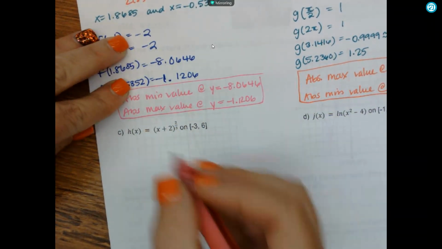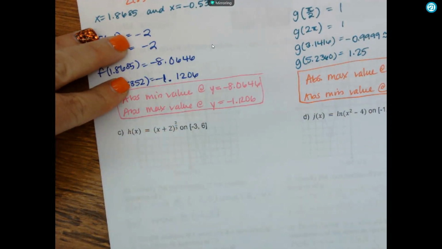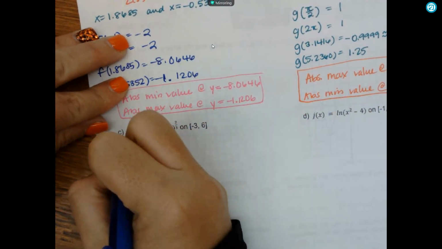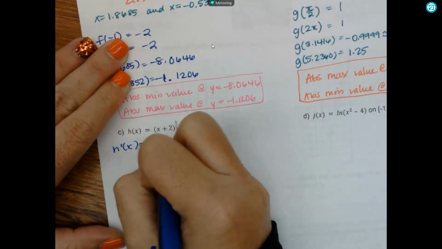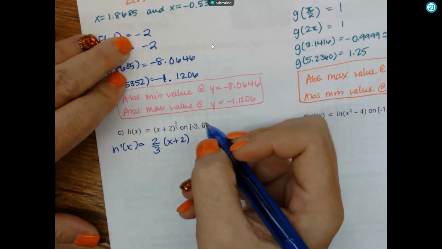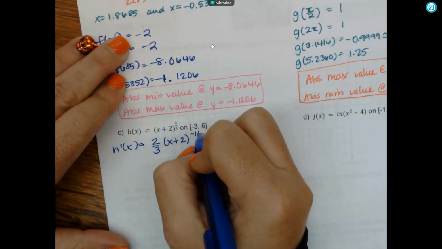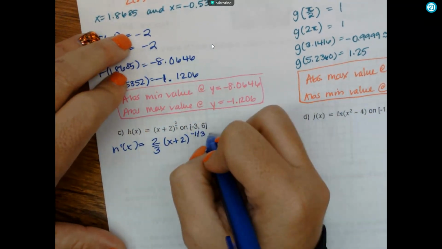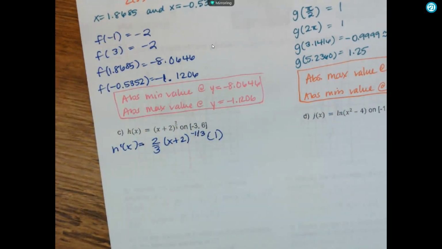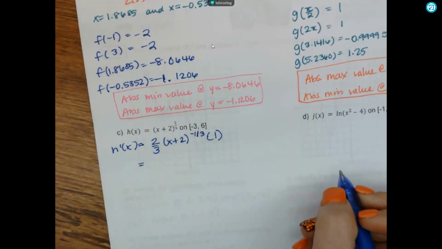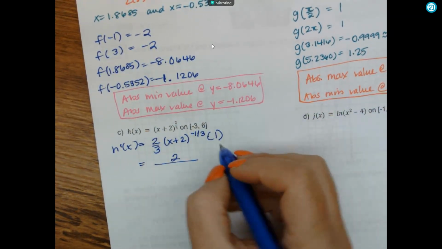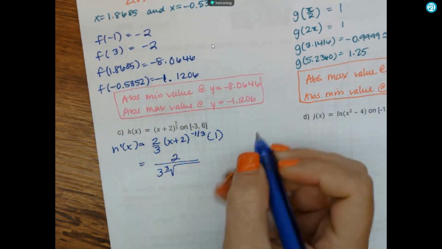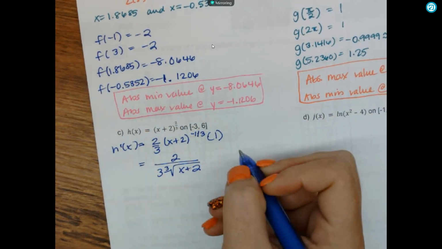So we need to find the derivative. So bring that 2/3 down, and it'll be times 1. And then we'll clean that up. So that's going to be 2 over 3 cube root of x plus 2.